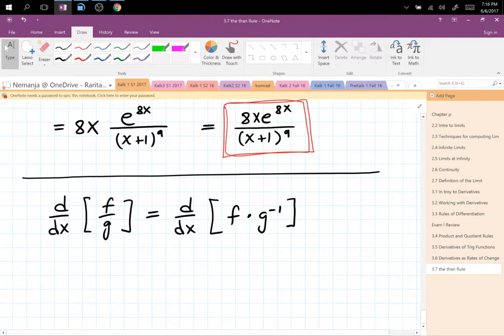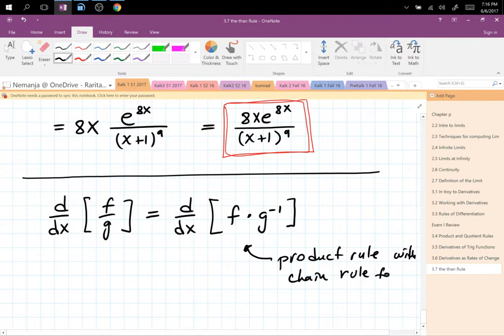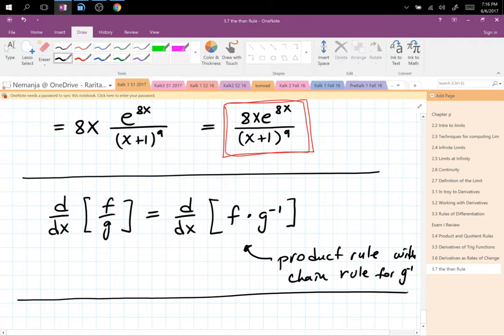So this is actually now the product rule with chain rule for g to the minus 1. If you are interested in mathematics, you can try to do the problem both ways and make sure that the answer you get is the same. So all of that is the chain rule.